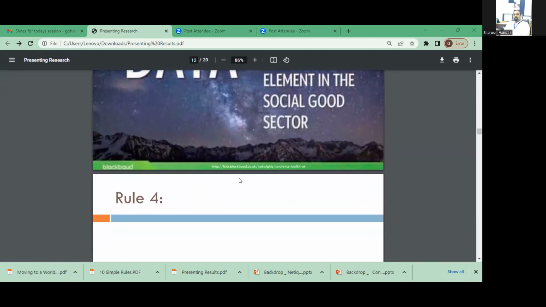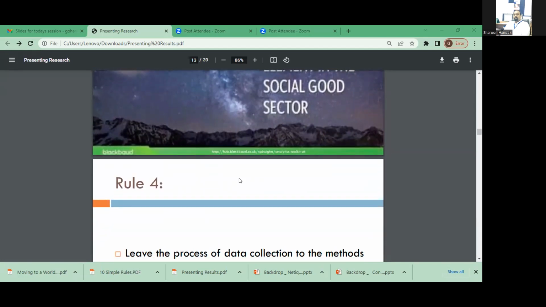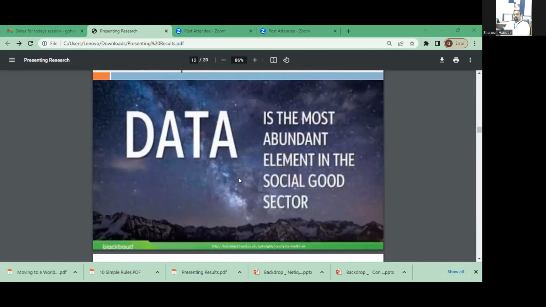But the key is that it's your data that should answer the question. I've seen a lot of times people have collected the data for something else, and they try to put in their own thoughts, which are not coming from the data. So it's the data that should answer the question.